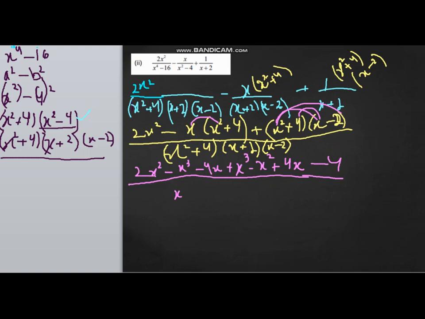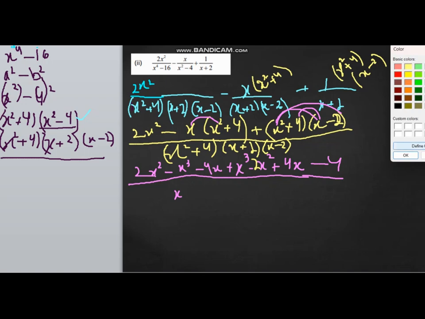Okay, I made a small mistake. This was supposed to be x squared multiplied by negative 2, so this should have a negative 2x squared in here.